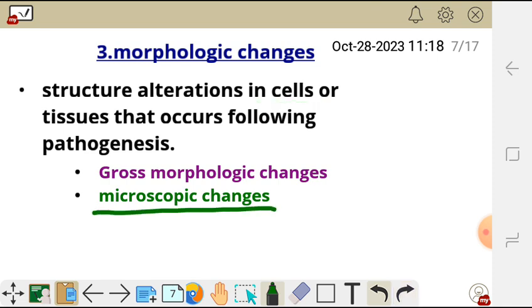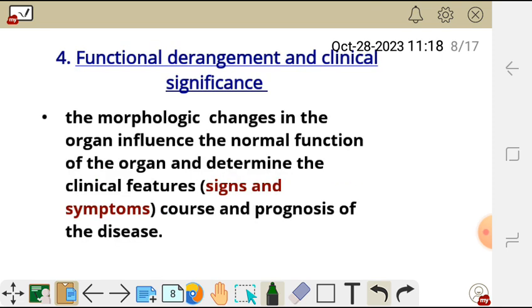So from morphologic changes, we move on now to the last evolutionary step of a disease, which is functional derangement and the clinical significance. So here now we have the morphological changes in the organ will now influence the normal function of the organ and determine the clinical features.